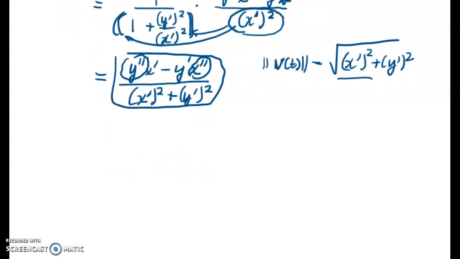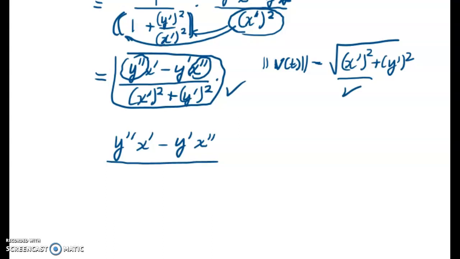Then I get the following. So what's going to happen is, as I said, when I divide this by this, in the denominator, I'm going to end up with x prime squared plus y prime squared to the 3/2.